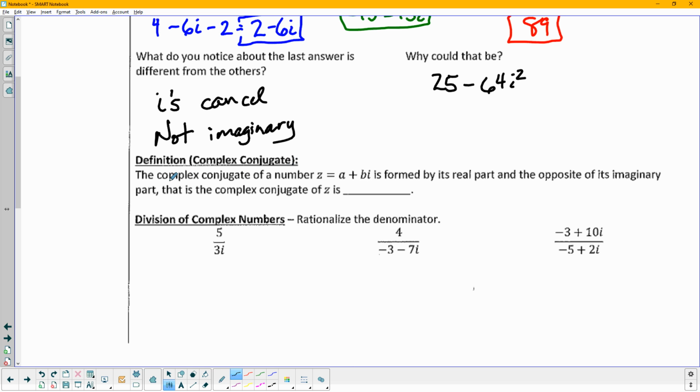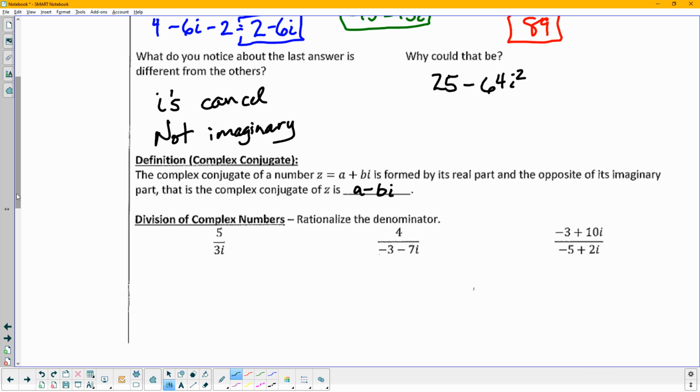So the definition here is the complex conjugate of a number z, which in this case is a plus bi, is formed by the real part and the opposite of the imaginary part. What that means is that the complex conjugate of z would be a minus bi.